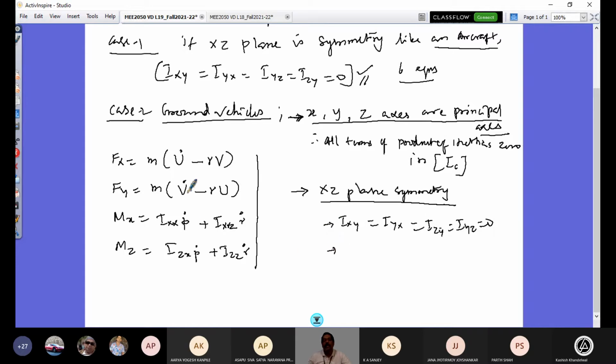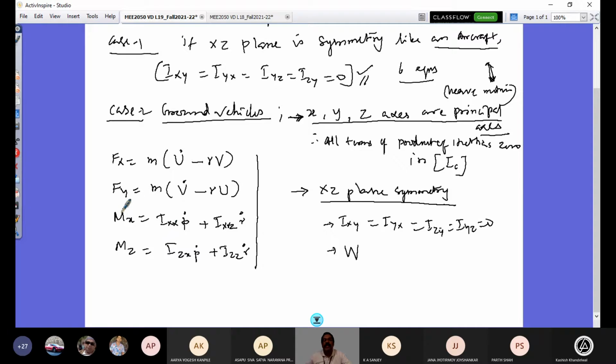And additionally, since it is a ground vehicle, not a flying vehicle, I would not require to consider the heave motion. Heave motion is in the vertical direction, the aircraft ascending up or descending down. That is not going to be there in your ground vehicle because your ground vehicle is on the ground. So I would neglect my heave motion, so the W term won't be there. That's why there is no FZ term.